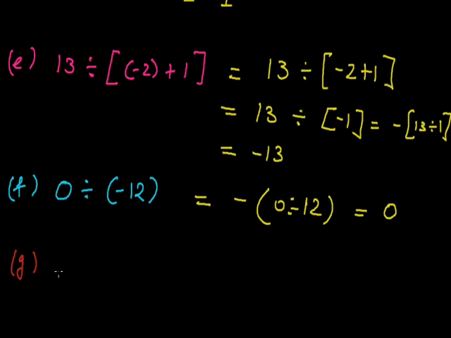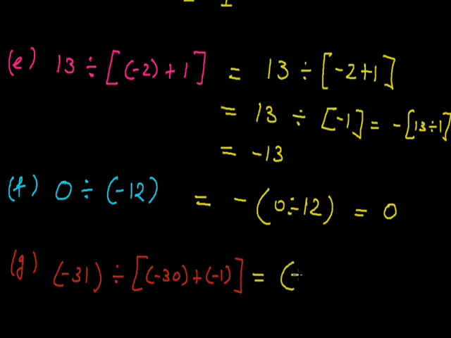Now the G part, minus 31 divided by bracket minus 30 plus minus 1. Before simplifying, we can see that here we again have a bracket, so we will first simplify the bracket and then solve it. In the bracket you have minus 30 and minus 1, and you have to add both the integers.